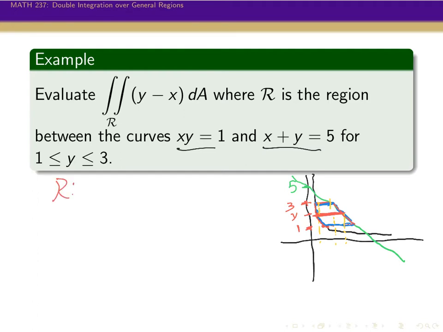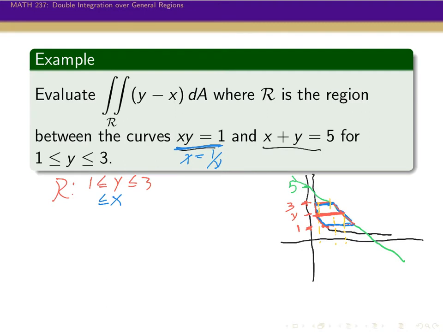So in my region here, our y's are going from 1 to 3, and then for our x's, the inside function is, well, I want to take xy equals 1 and write it as x equal to a function of y. Solving for x here, I get x is equal to 1 over y.